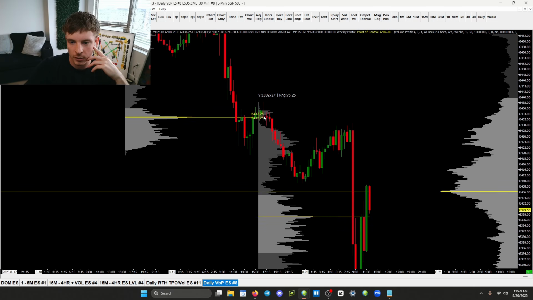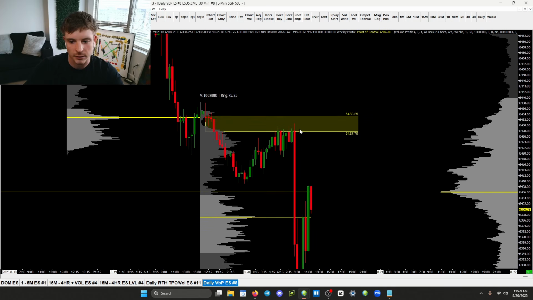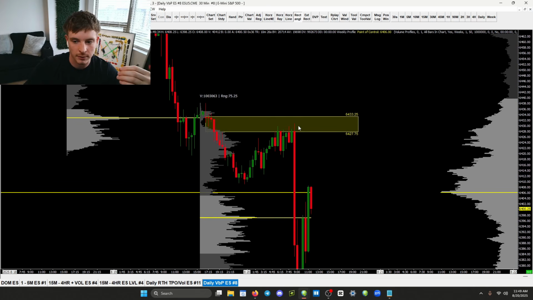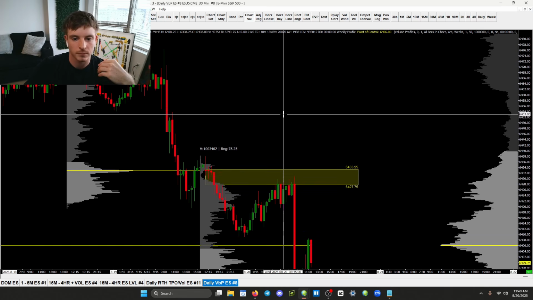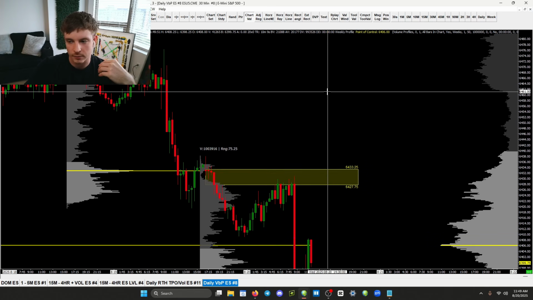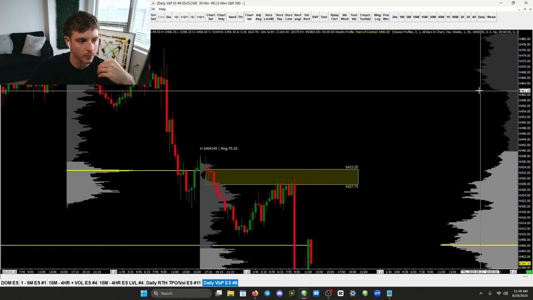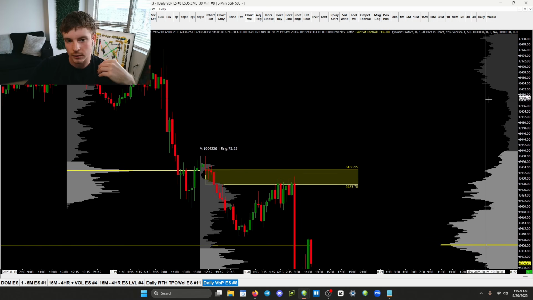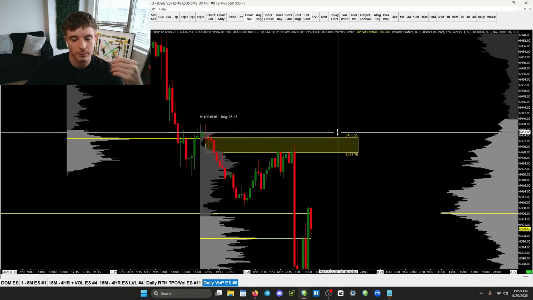I was using this in my analysis and I said, all right, if buyers can accept these prices and take us above this area of low volume, I wanted to play long today up to the first spot I had, which was at 650, and then the next spot ultimately was at 460. And if you look at the right here, you can see this is where previous fair value was near those all-time highs. This is also a supply zone as well, but that was my plan for today.